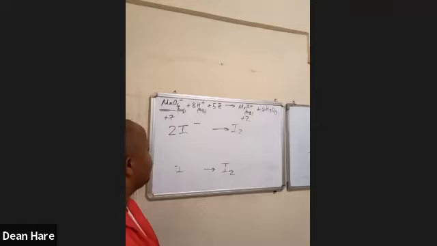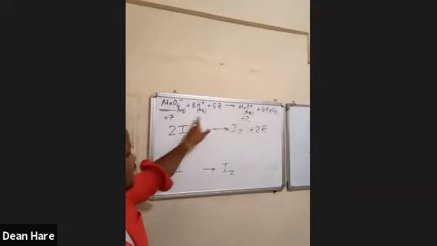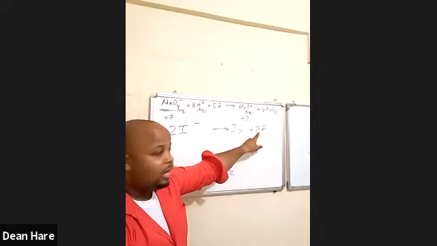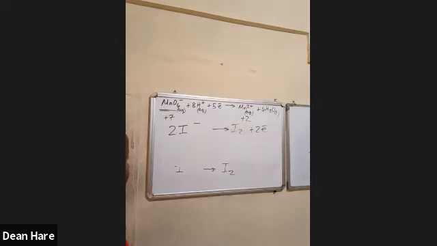The charges must be balanced, right? Electrons. On the right side, plus 2 electrons. So this being oxidized, it is giving up electrons to form I2.